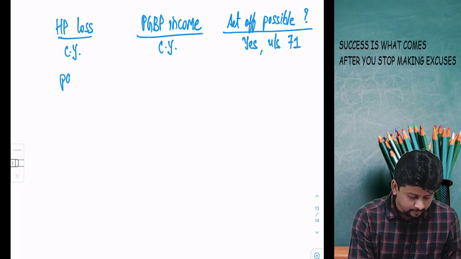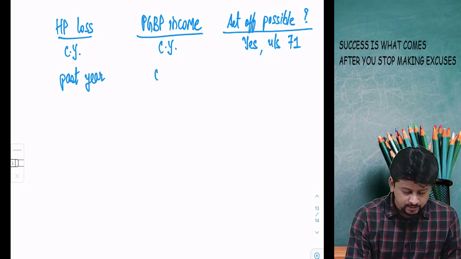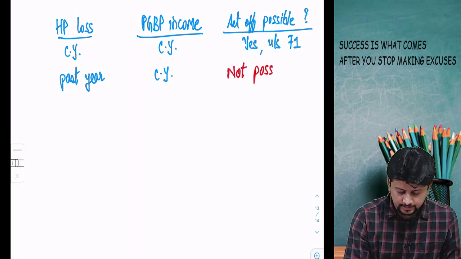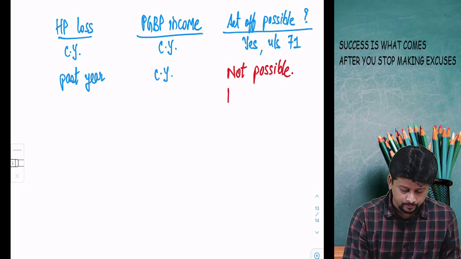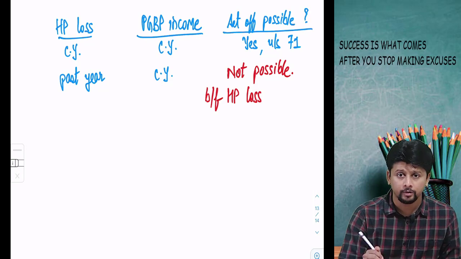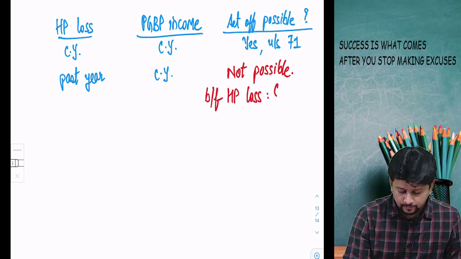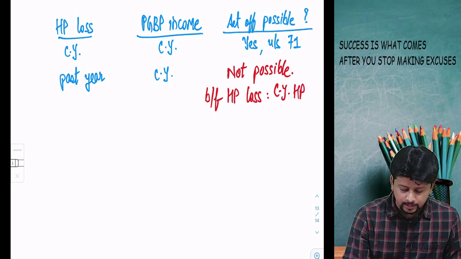But if I have house property loss of the past year and PGBP income of the current year, then is this set off possible? No, this set off is not possible. That means house property loss brought forward means I'm talking about past. Brought forward house property loss can be set off against current year's house property income only.